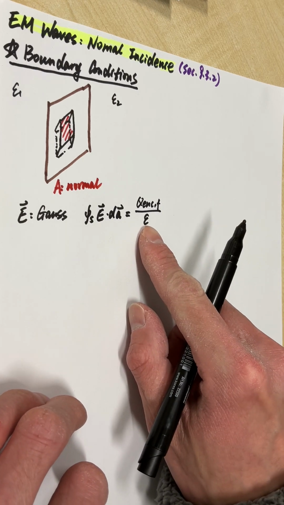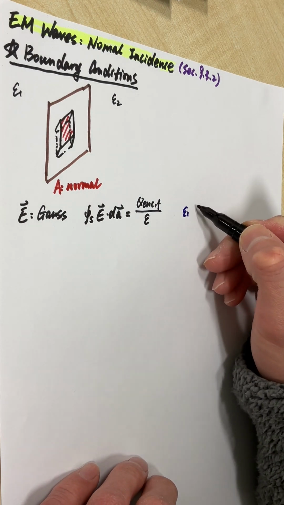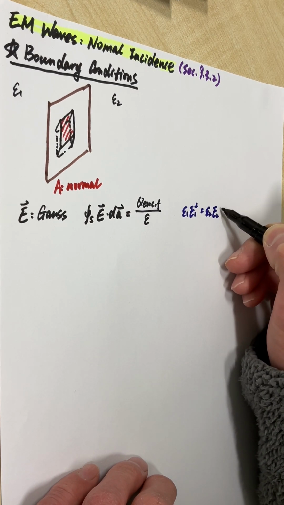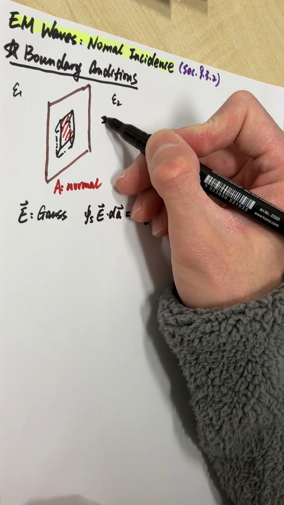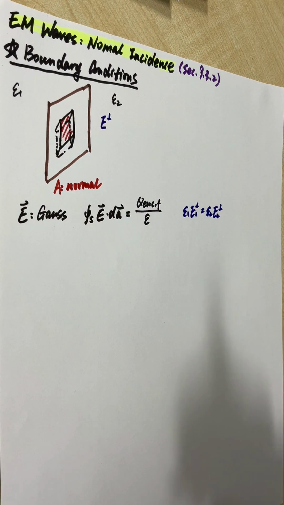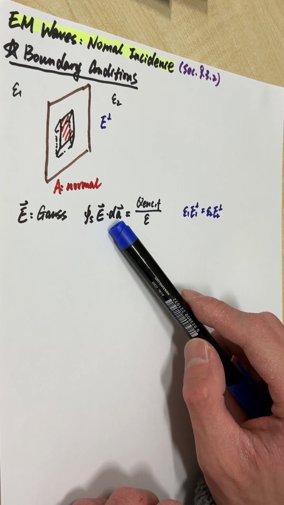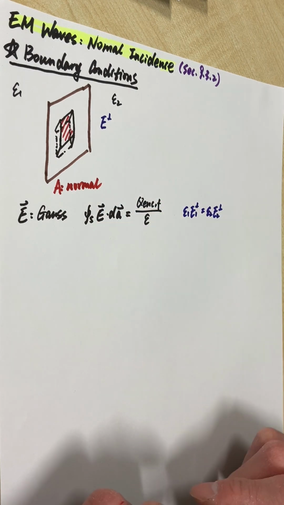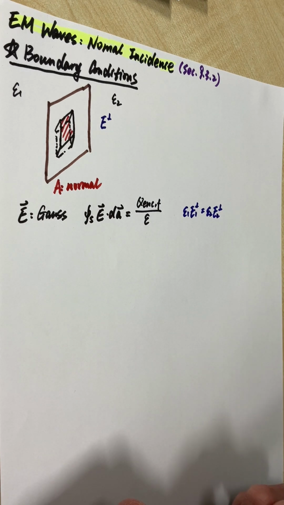So if we move epsilon to this side, we get the first boundary condition, which is epsilon 1 E1 normal component equal to epsilon 2 E2 normal component. It is the normal component because when we observe the area, the dot product between the field and the area vector has a direction perpendicular to the surface. So when we do the area integral, we are investigating the normal component of the field.